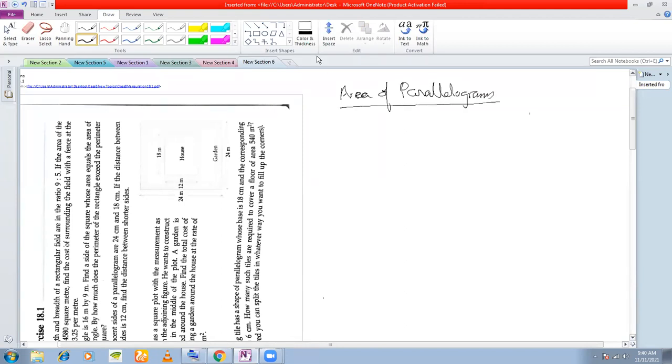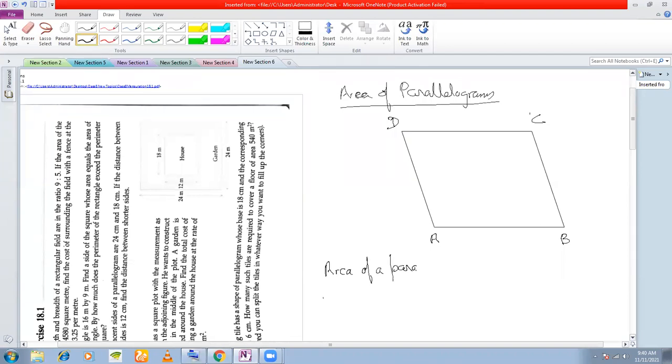Area of parallelograms. Look at this. This is a parallelogram ABCD. The formula for area of a parallelogram is base into height.